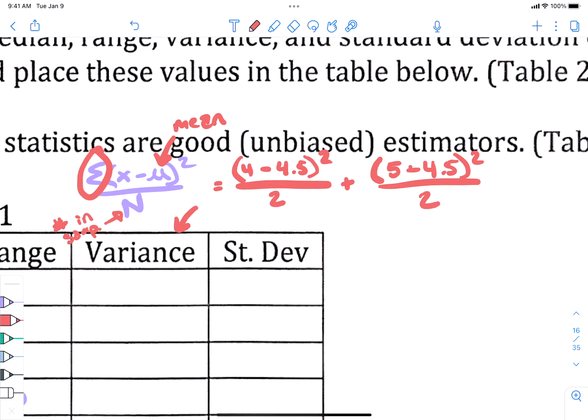Okay? 4 minus 4.5 squared over 2 plus, you got 0.25 for the whole thing? Divided by 2. 0.25, yep, that's what I got too. 0.25 was what we got for the variance, okay?